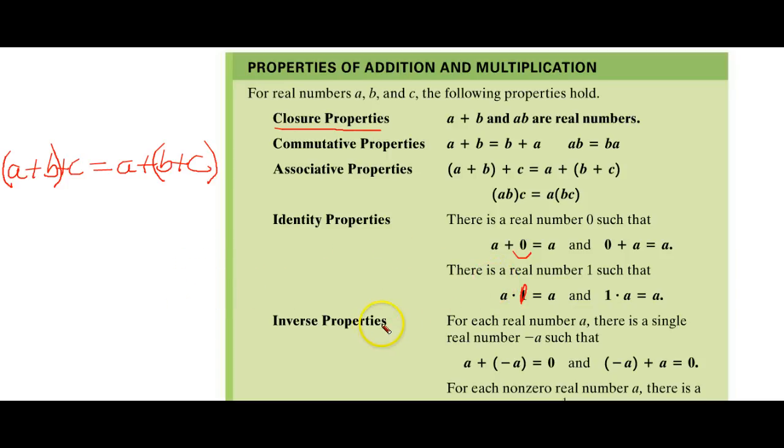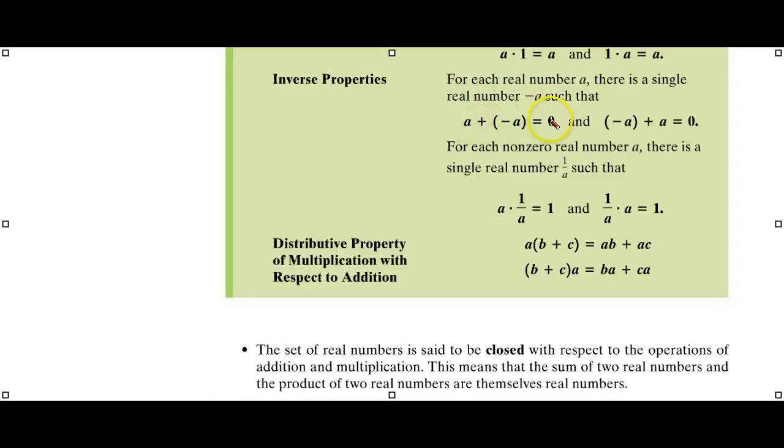Now the inverse property we've talked about is you can add its opposite, and the sum of a number and its opposite is 0. And that is commutative as well. You can switch the order around. So adding a 0 to any number doesn't change its value.